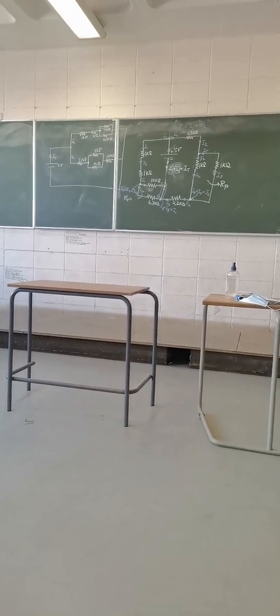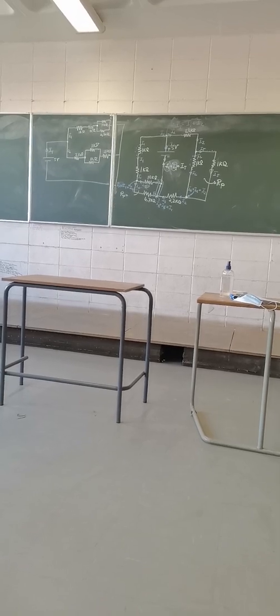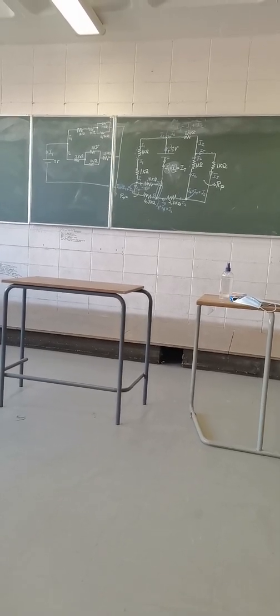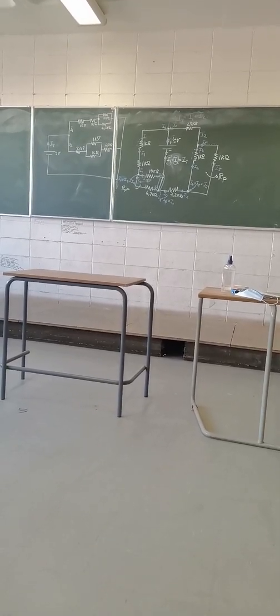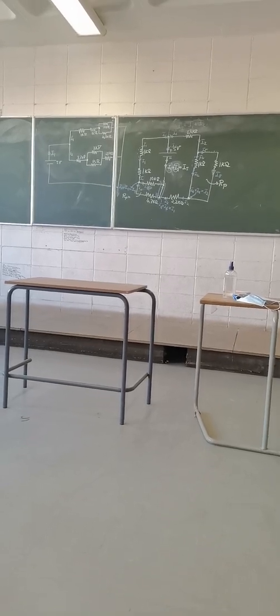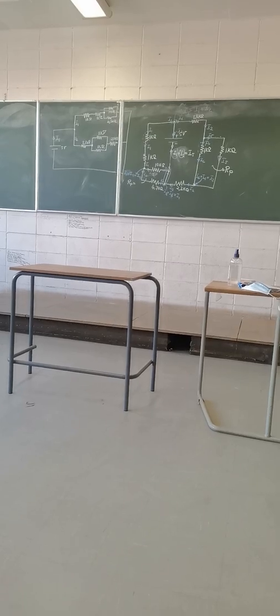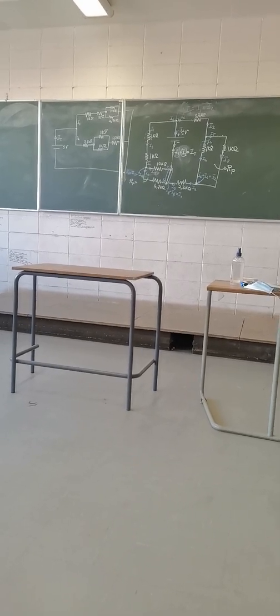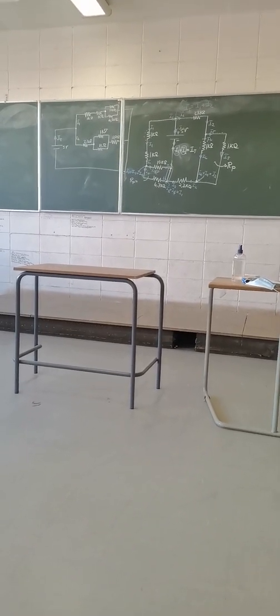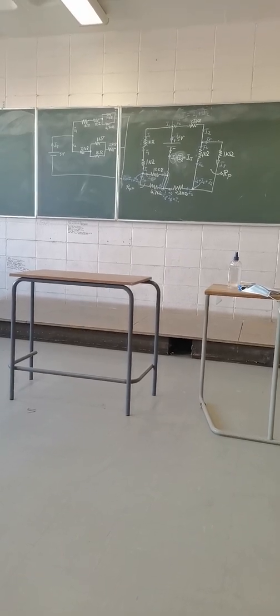If I were to ask you to use the current divider, you must be very careful. If it says use the current divider, you must use the current divider rule. We understand each other? If it says use the current divider rule, you must go and use the current divider rule.